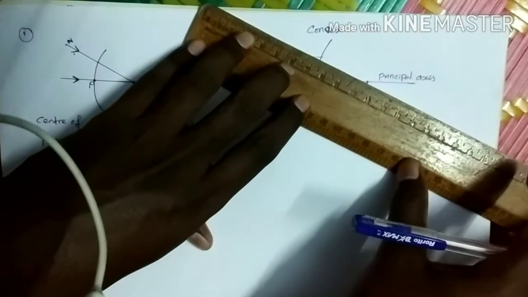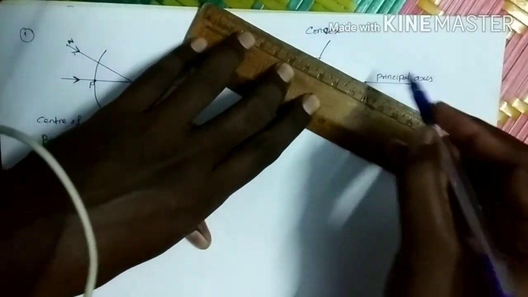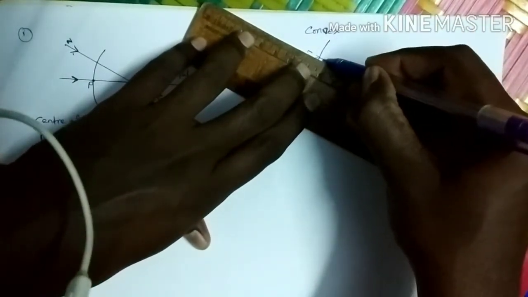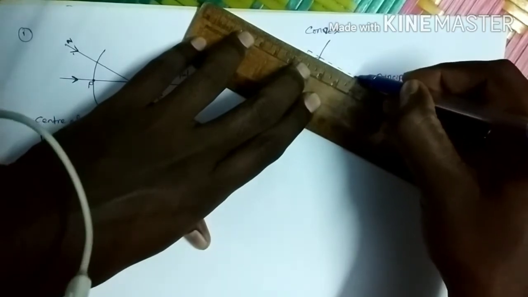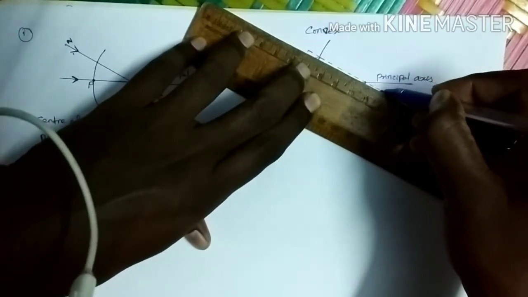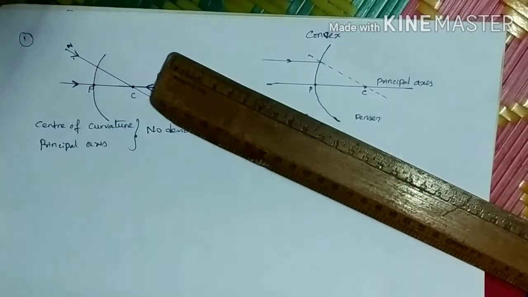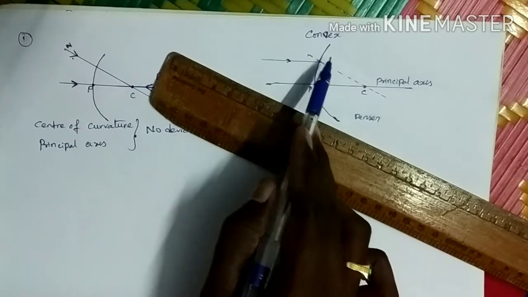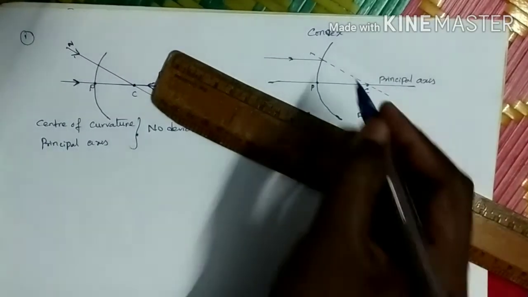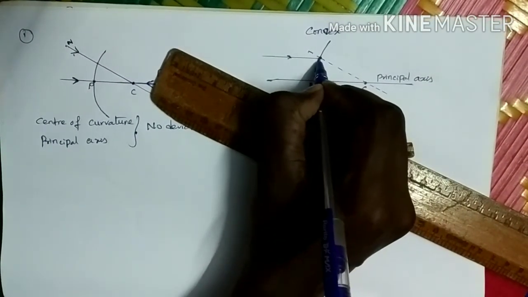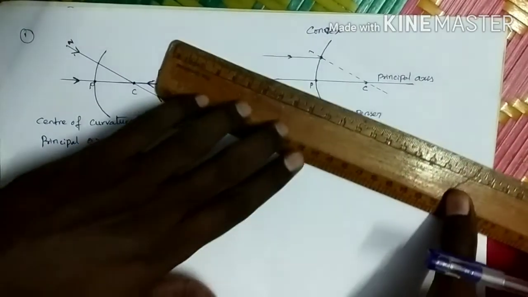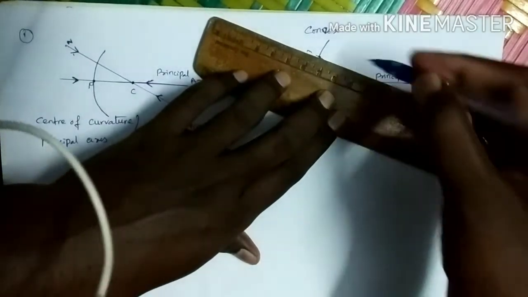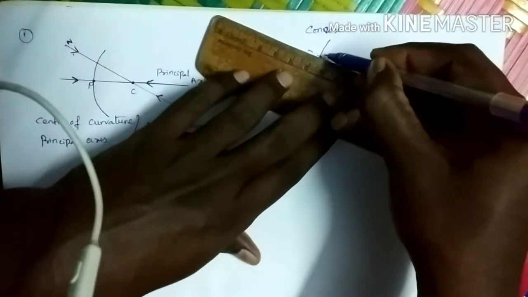Will the same thing take place here or not? Here I am drawing one normal. What is normal? The line joining the center of curvature to any point on the curved surface, that we call the normal. When the light is incident on this curved surface, the refraction of light takes place, and the refracted ray is closest to the normal.